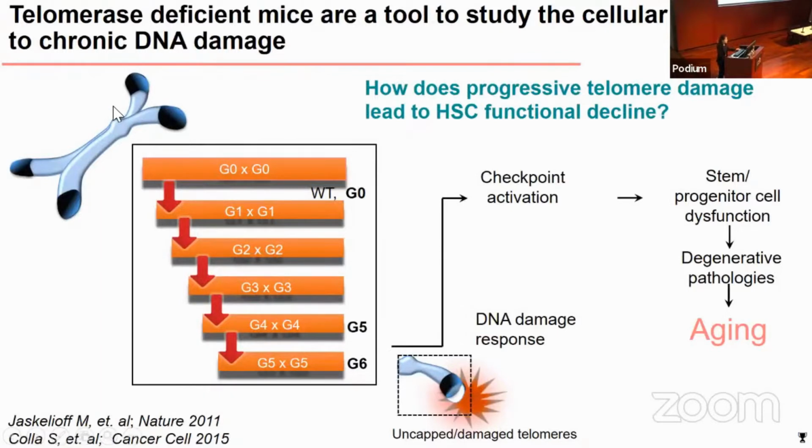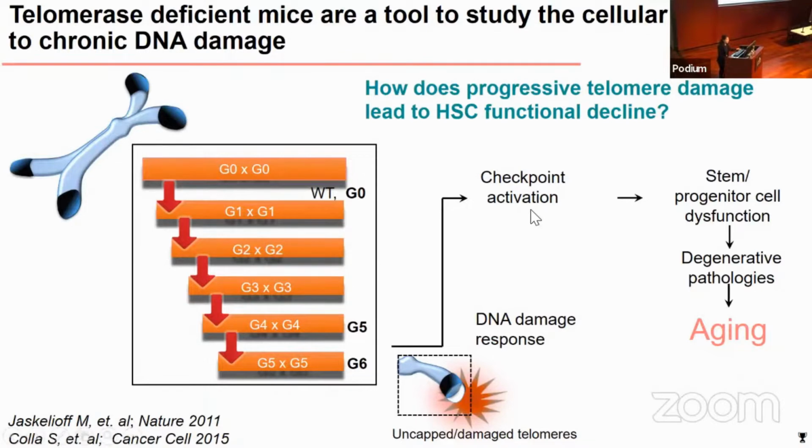Here we want to understand how telomere shortening affects hematopoietic stem cell function. To do so, we use a telomerase-deficient mouse model, which has no telomerase. In general, the telomeres of mice are very long, so to obtain a short-telomere mouse model, we need to cross the mice for 5 or 6 generations. We started crossing the mice from generation 0, with the telomeres still intact.